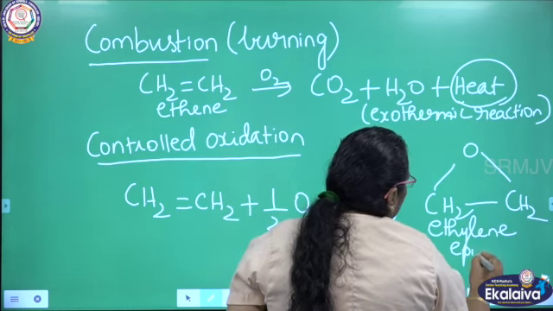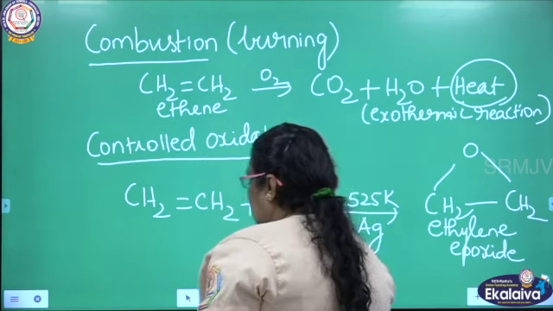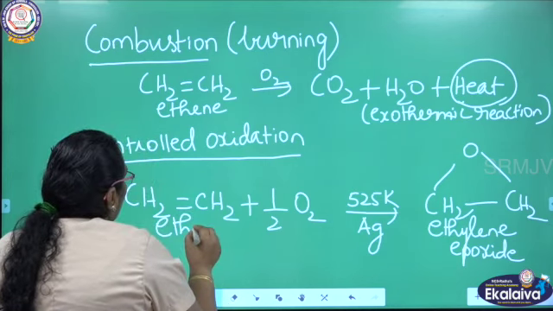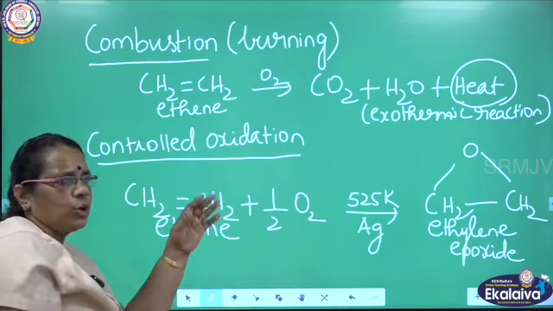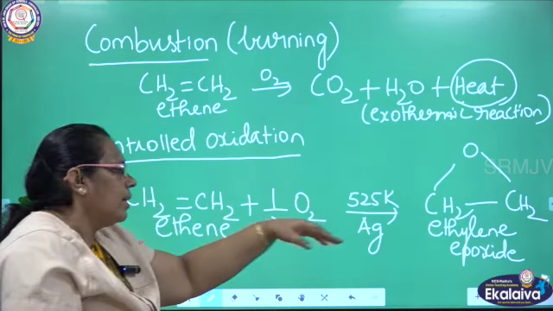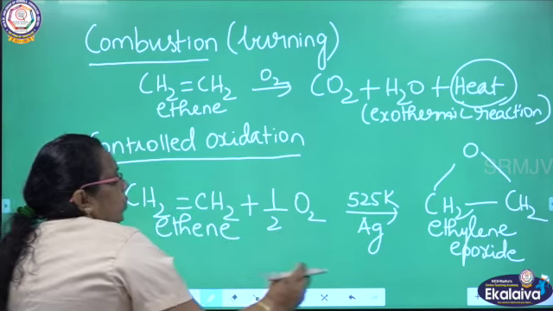It is one of the controlled oxidation products of ethene. So ethene undergoes controlled oxidation with silver catalyst at 525 Kelvin. What is the compound I am getting here? Epoxide. Ethylene epoxide is the product I am getting here. So this is one of the reactions.